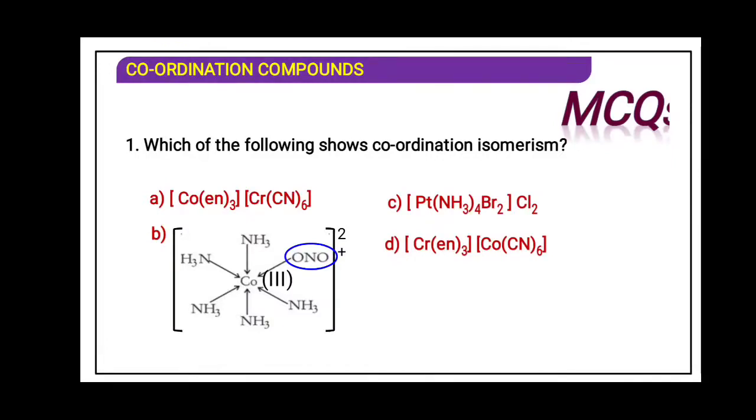See, in the first case, cyanide and ethylenediamine have been given. B option is for linkage isomerism, and chlorine and bromine will show ionization isomerism, and the chromium and cyanide.